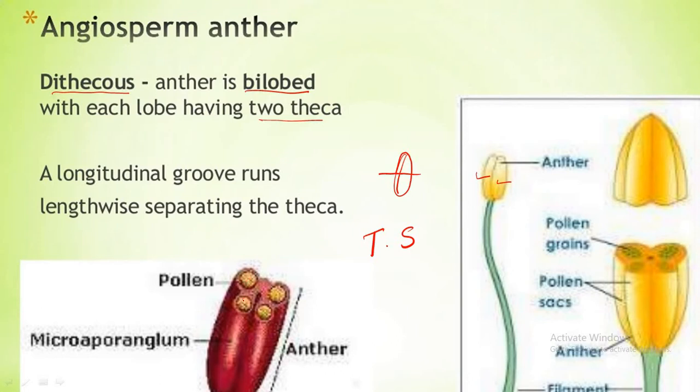This is one, this is the second, third and fourth. Singular is microsporangium and plural is microsporangia, S-P-O-R-A-N-G-I-A, which are located at the corners.